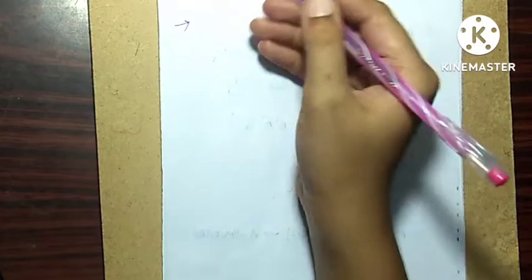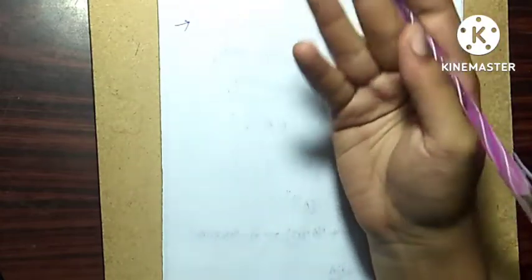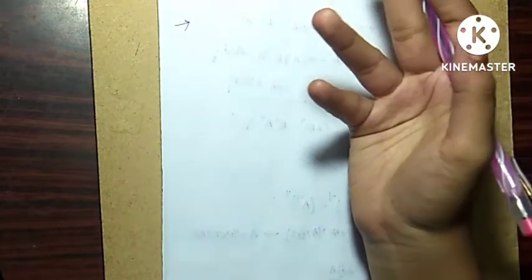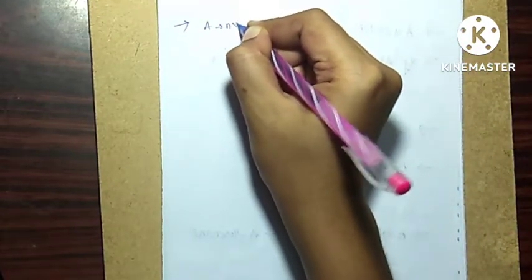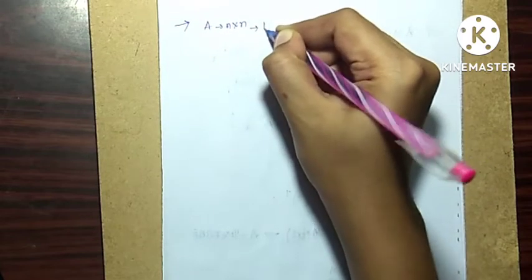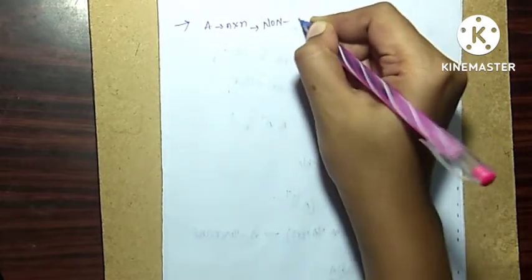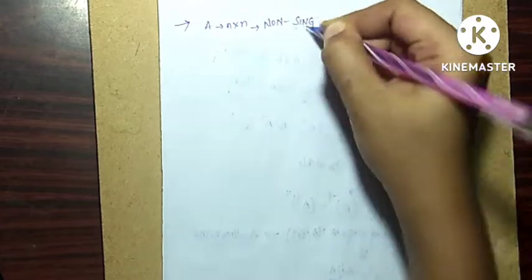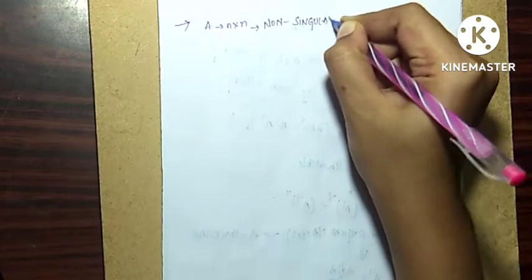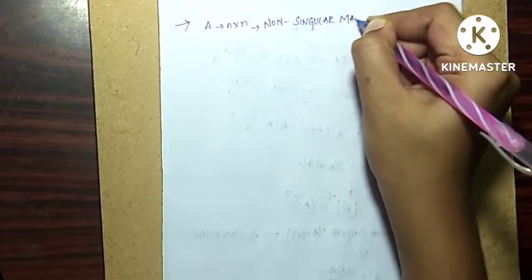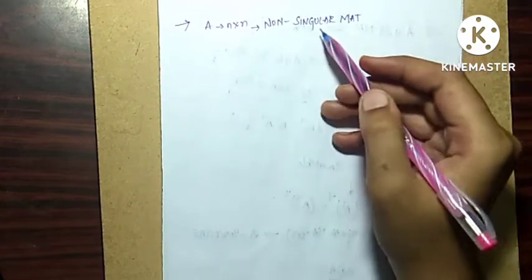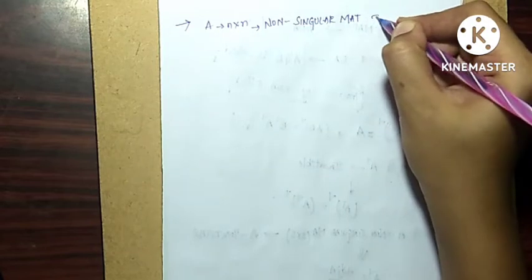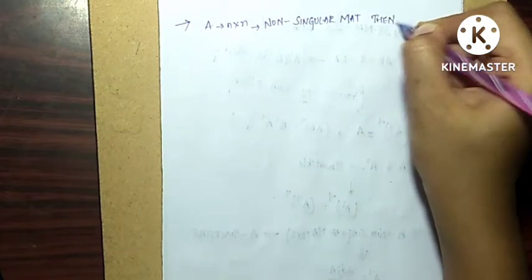Next point is, if A is an n by n non-singular matrix, where n is any integer, then there are a few conditions.